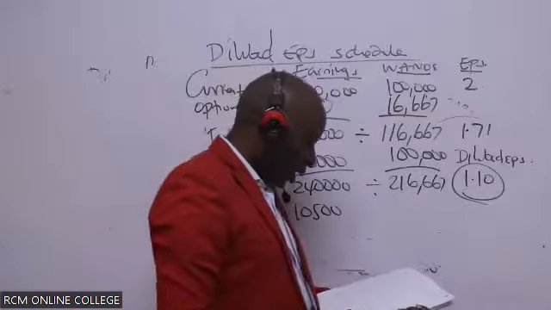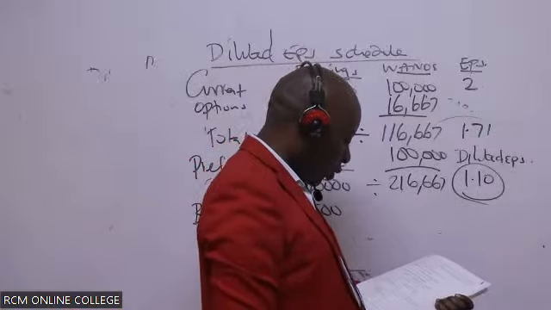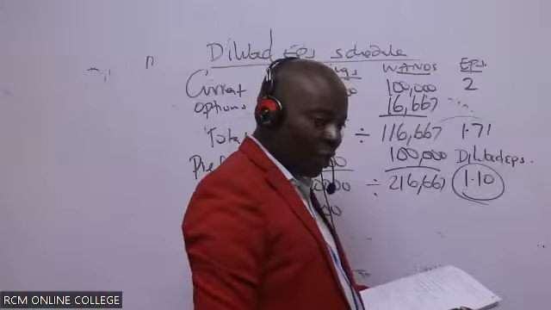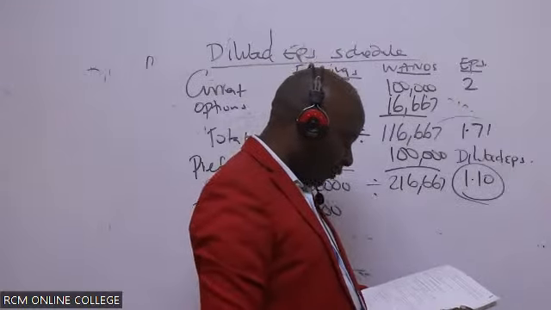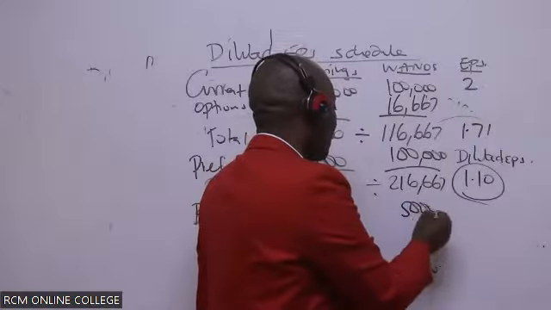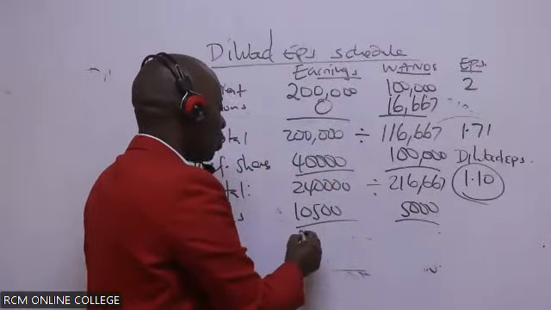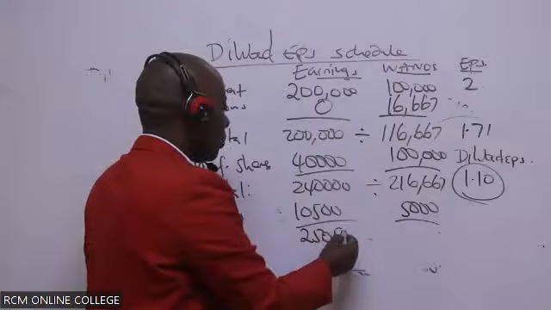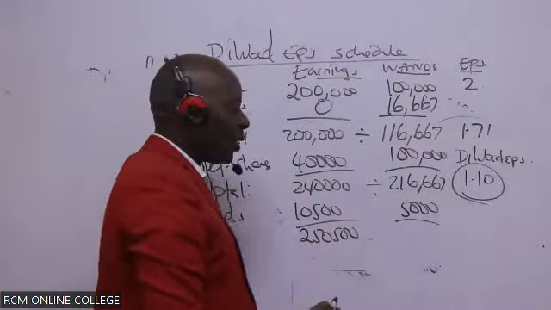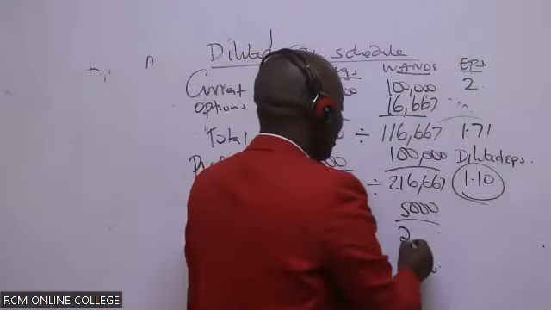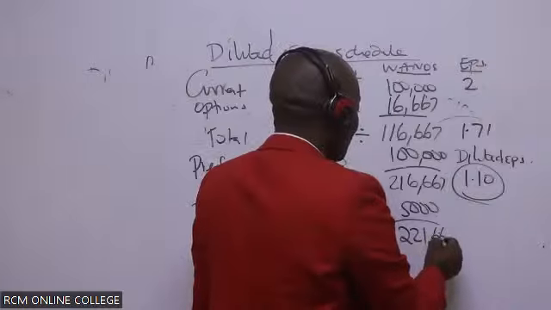And then the shares were how many? 5,000, yes. You will see this thing rising. So when you add, this will be 250,500, and this will be 221,667.